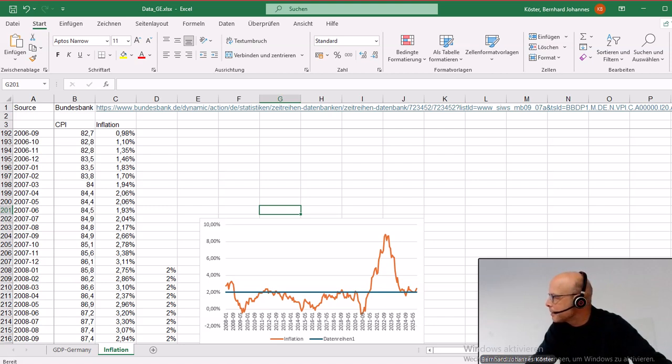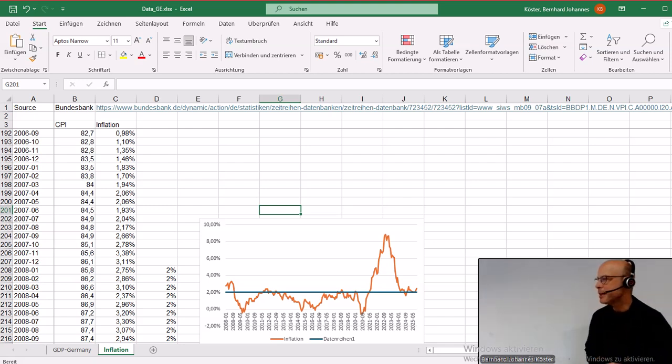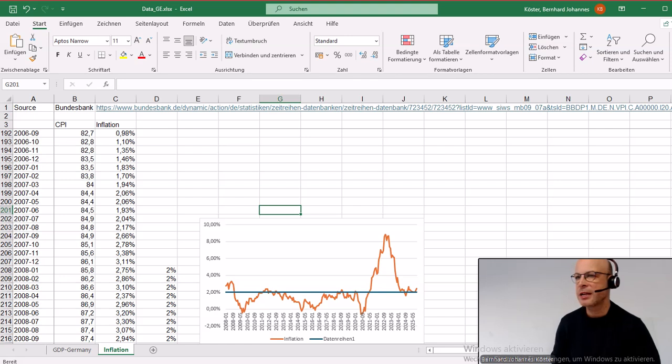For some countries you can find it easily, but for others not. So especially for this, it's also okay if you just look at the yearly data, but especially when you have a look at interest rates or inflation, and I think also mostly, at least for the European countries, for unemployment data.